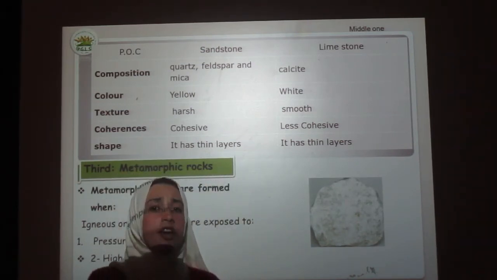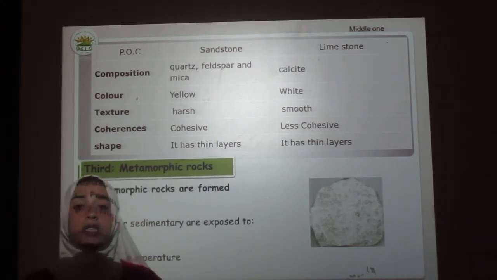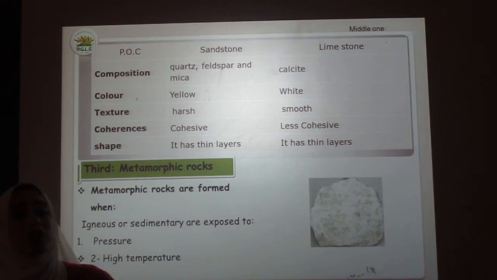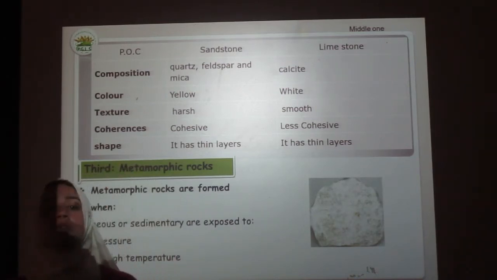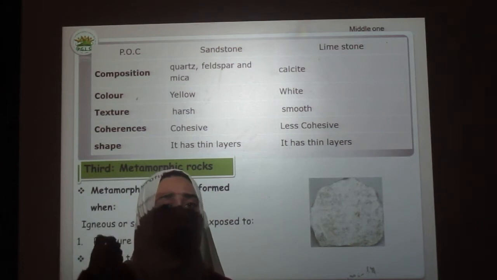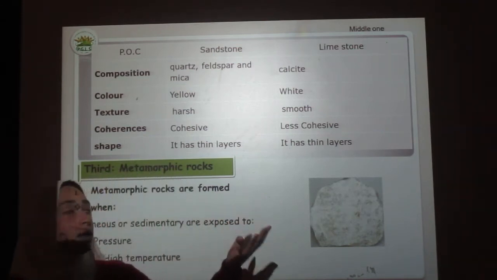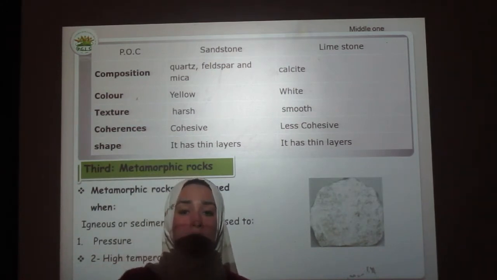Plutonic rocks are strong rocks that formed beneath the Earth's crust, while volcanic rocks formed in the outer surface or in the upper surface of Earth's crust. We consider that plutonic rocks are hard rocks, while the surface rocks or volcanic rocks are smooth rocks.